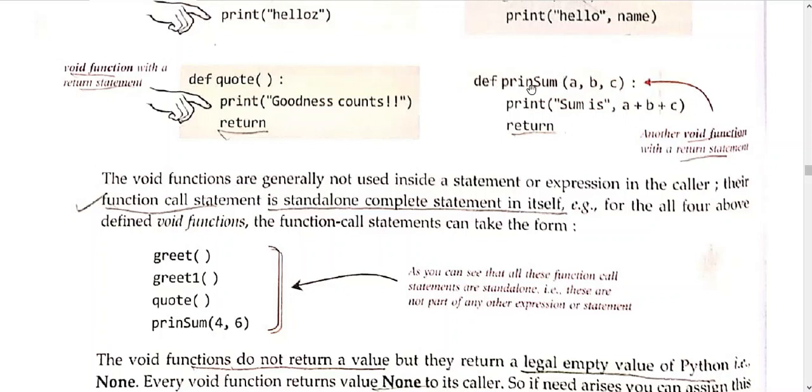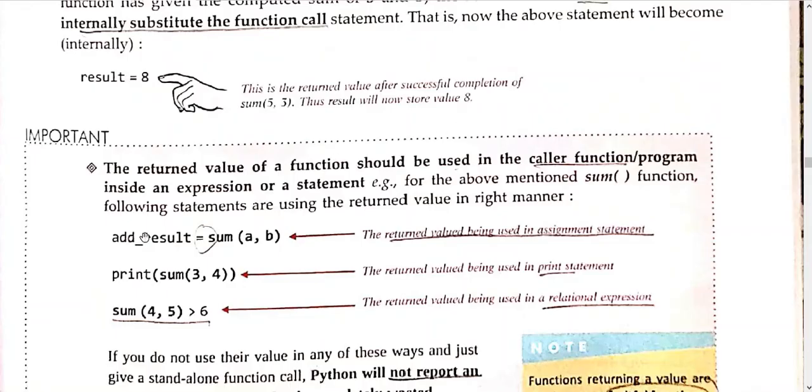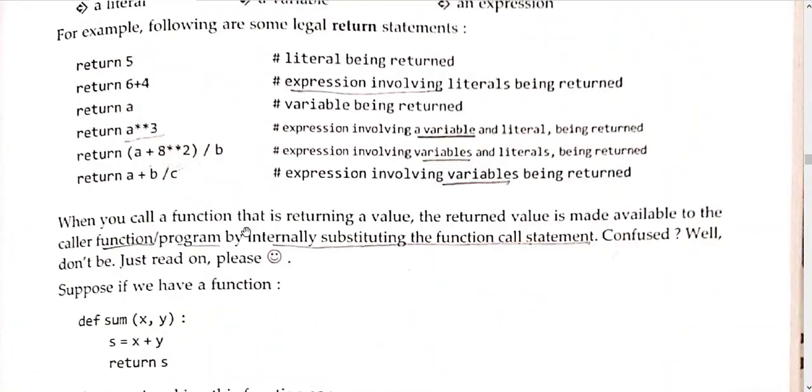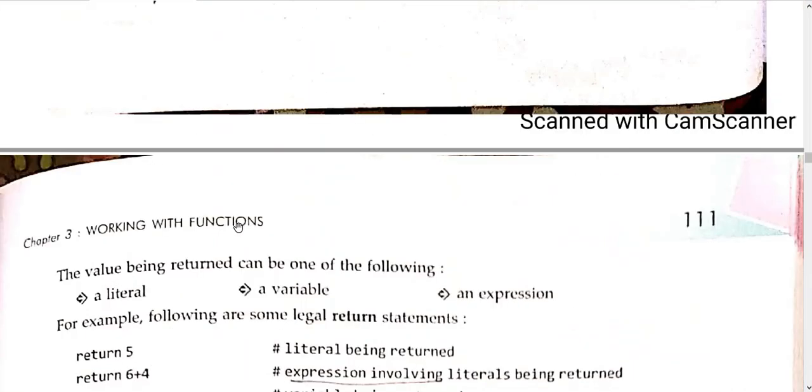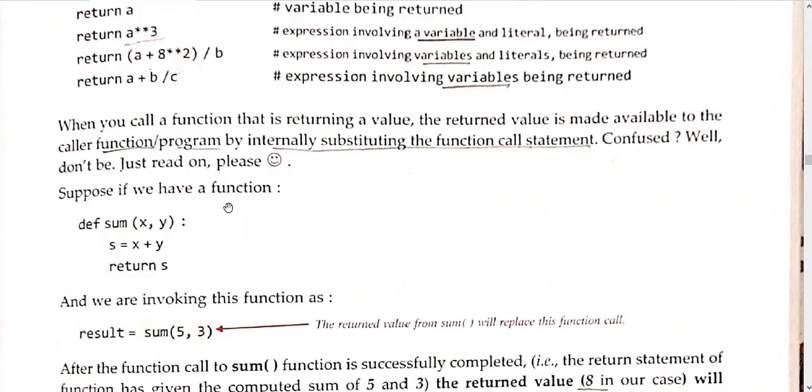But here this is a void function because it is not going to return anything, but arguments are there. Previously what we have read, these are our void functions with arguments, and similarly we have read void functions with no arguments also. So 4 types of functions are there. Again we come back.